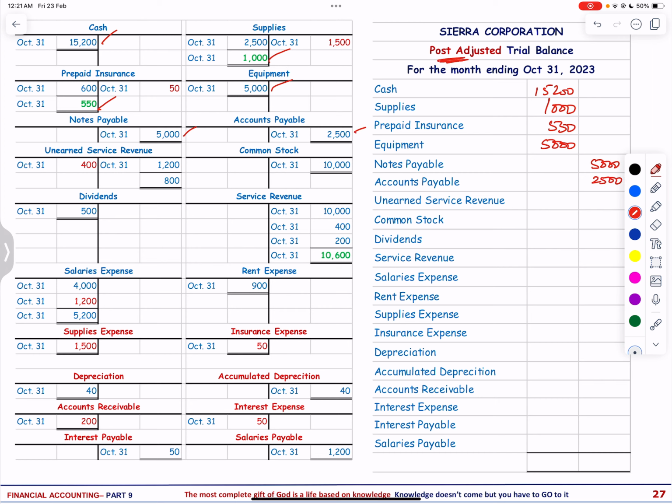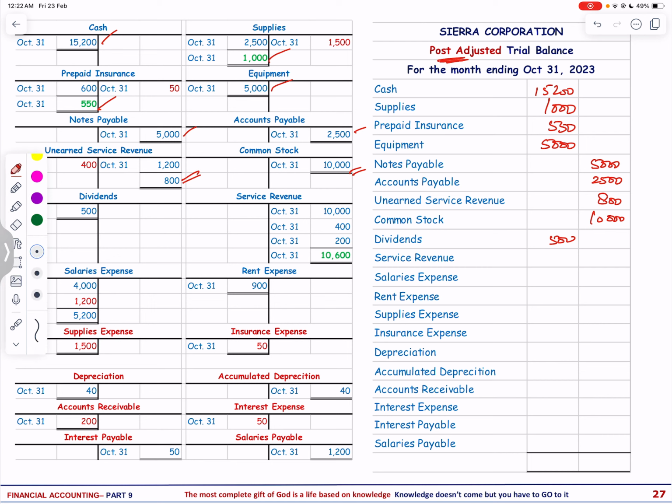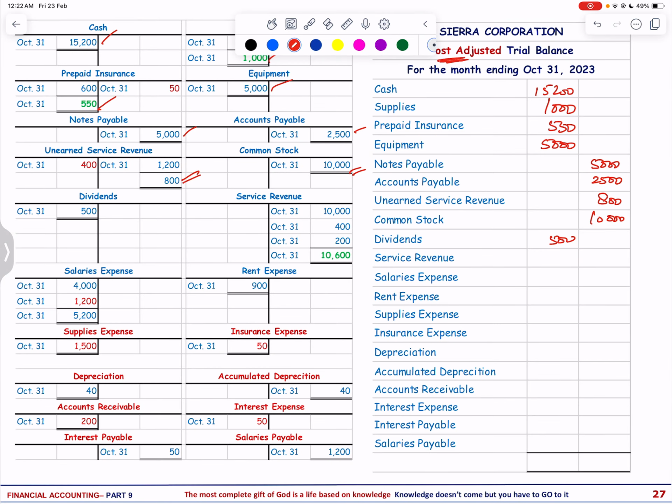Unearned service revenue is 800. Then we have common stock 10,000. And then we have dividend of 500. Okay. Then we have service revenue for credit 10,600.